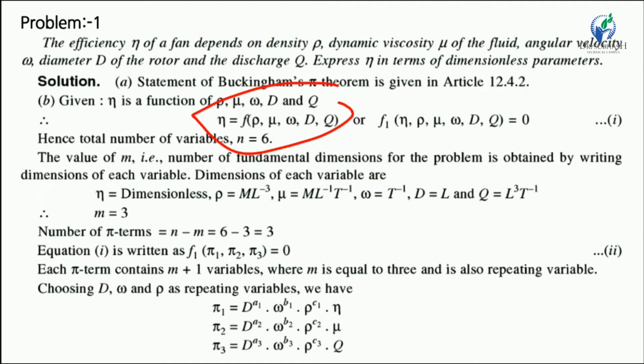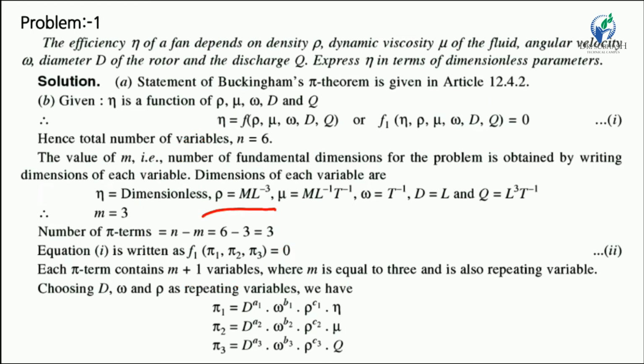We have a number of variables equal to 6 and the fundamental dimensions have a value of 3: M, L and T. So 3. So the required number of pi terms is n minus m. So we have to write 3 pi terms to solve this problem.